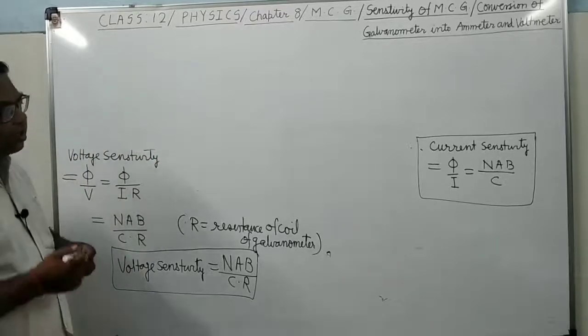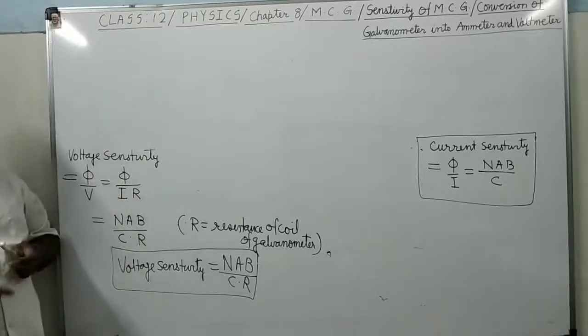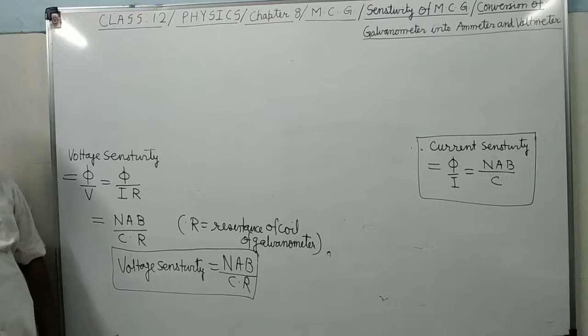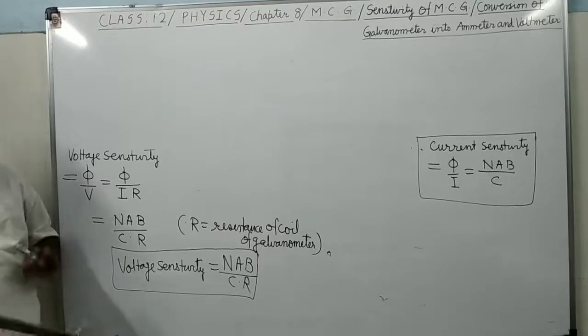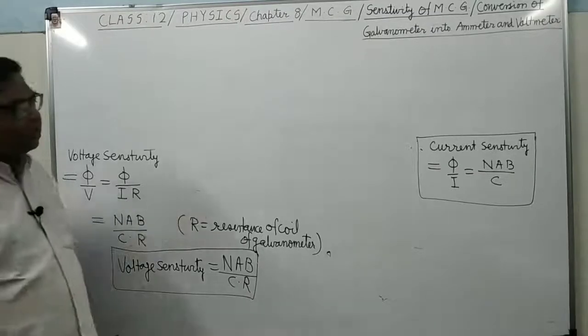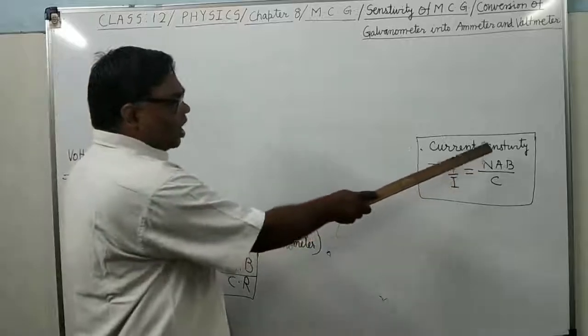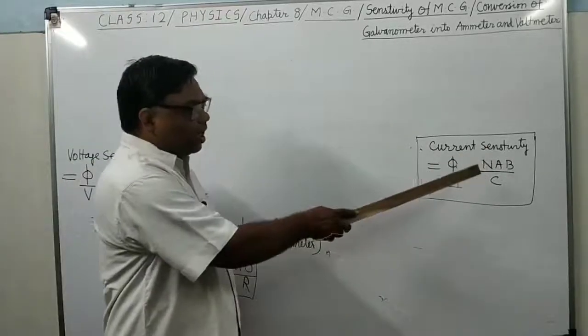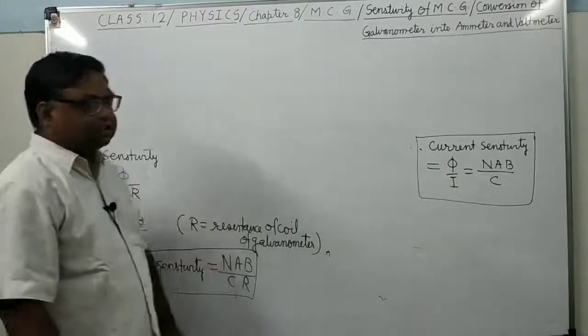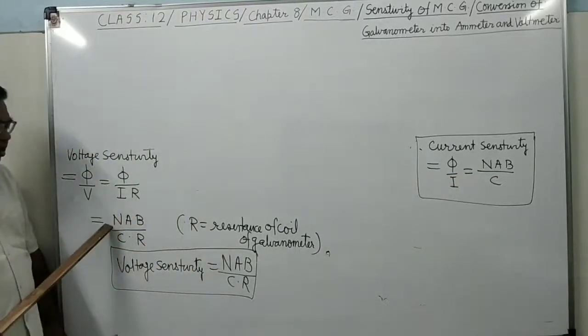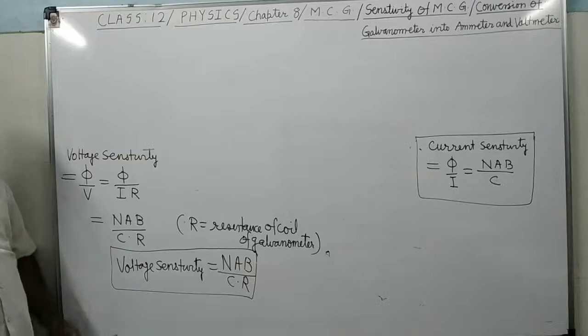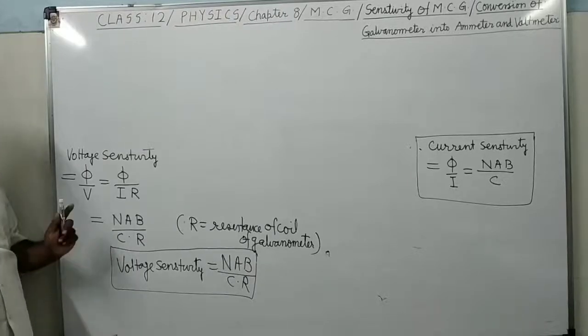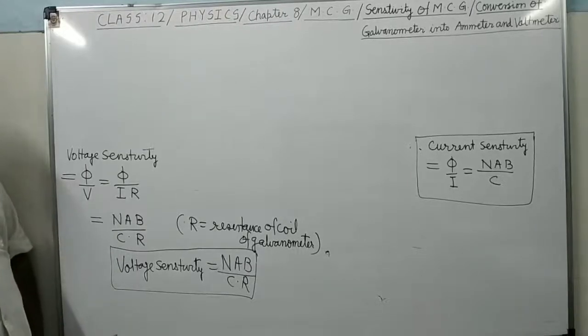Now how can you increase the current sensitivity, or the voltage sensitivity? Current sensitivity can be increased either by increasing N, or by increasing A, or by increasing B, or by decreasing C. Similarly here, either you increase NAB or decrease C, and voltage sensitivity will be increased.